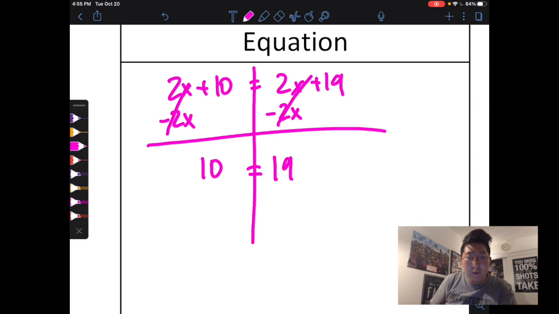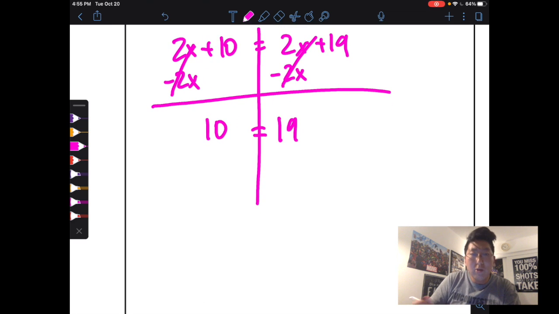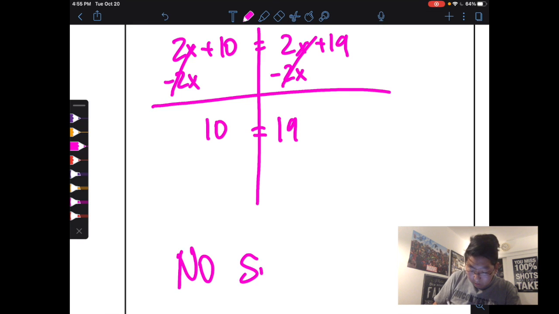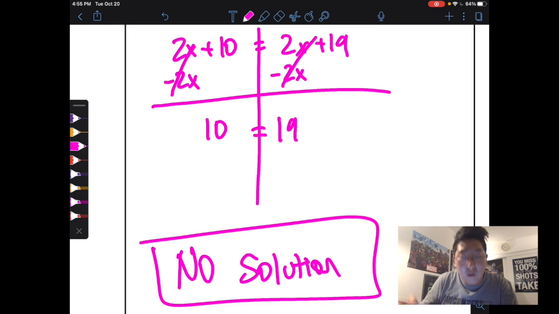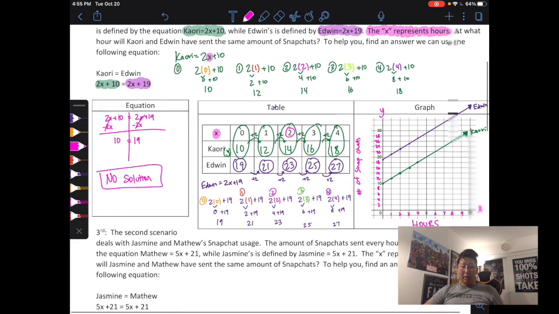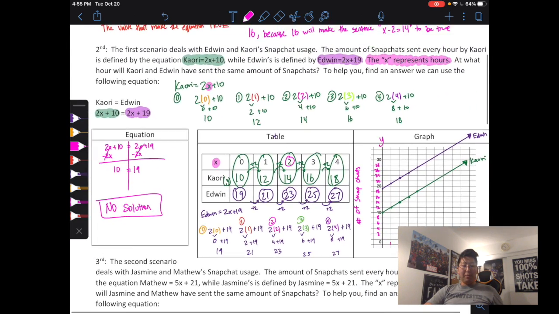And so when they're different, there is no x value that will make this sentence true. So here we can say that there's no solution. Meaning there will be no time when Edwin and Coyote have the same amount of Snapchats. All right? Whew, that was a lot.